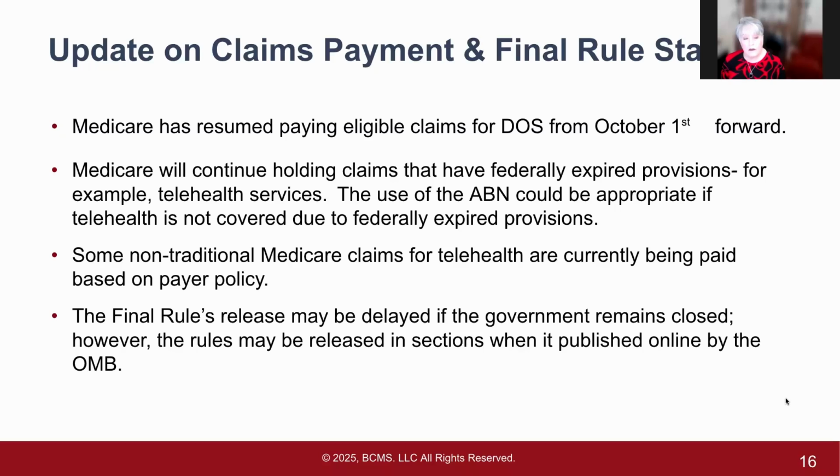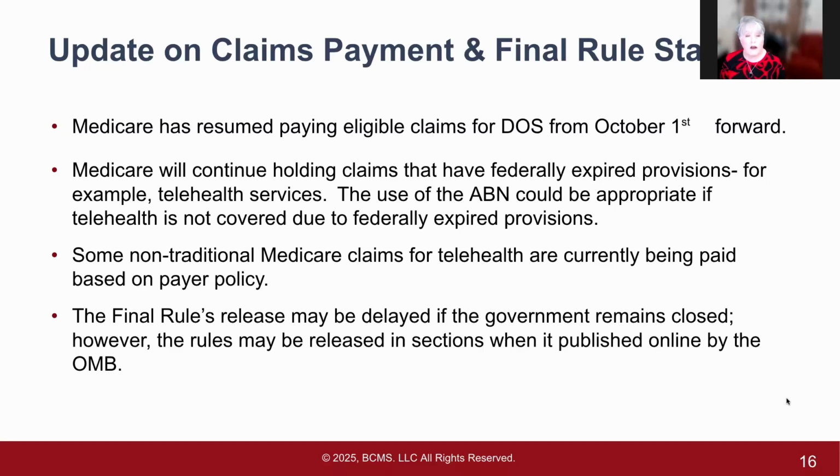So when it gets to the Office of Management and Budget, they may not have all the parts and pieces. So we may get the most essential parts of that released, and it might be at kind of an intermittent basis. So that's where we are, is the release of that.